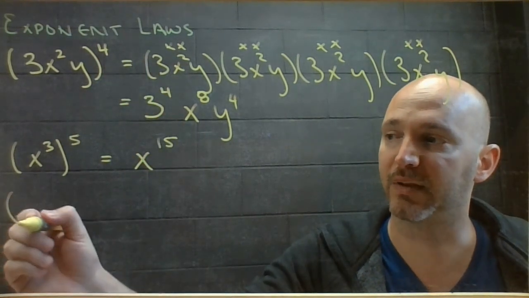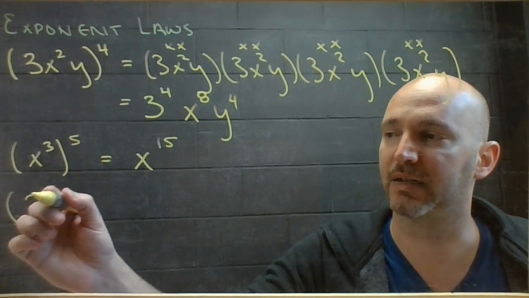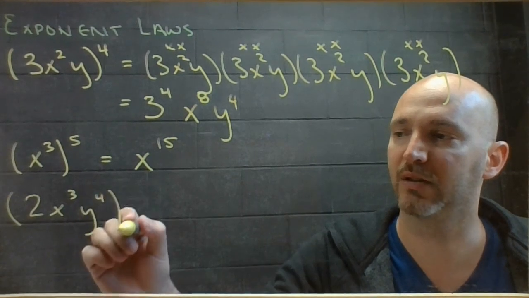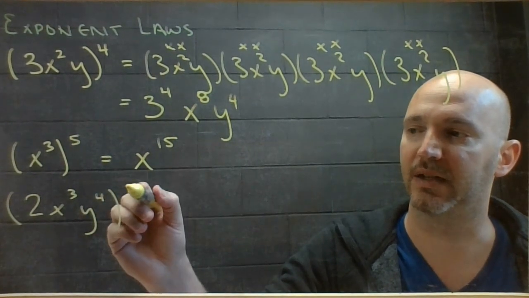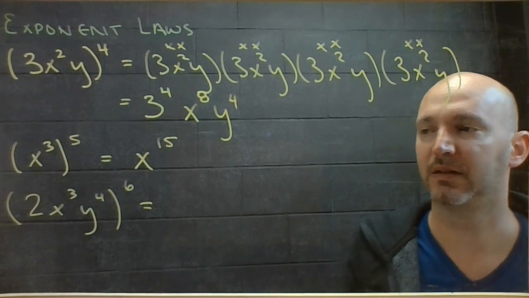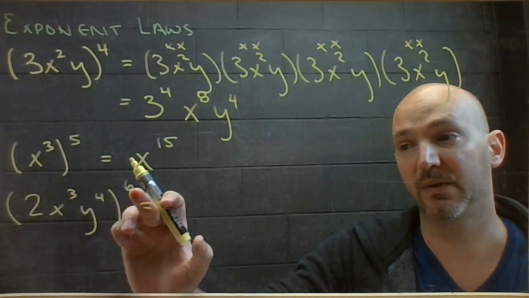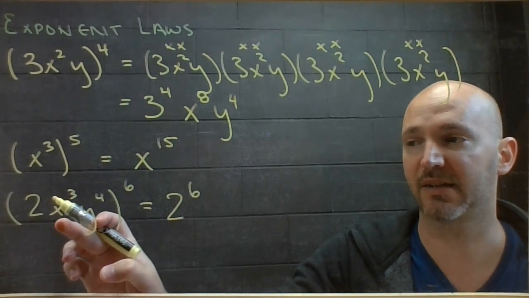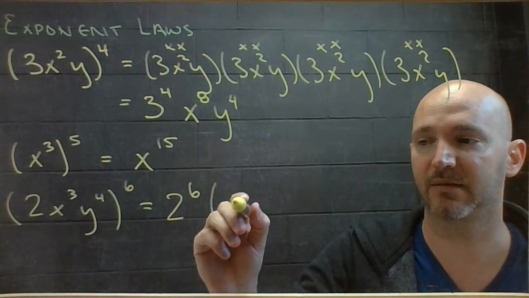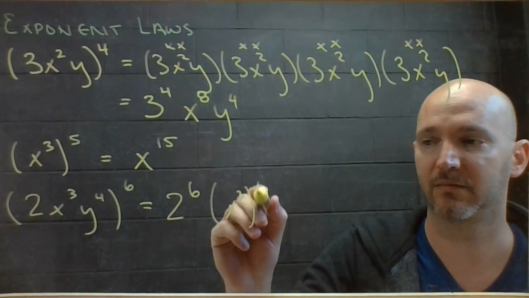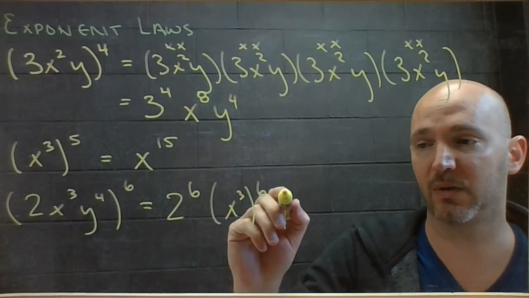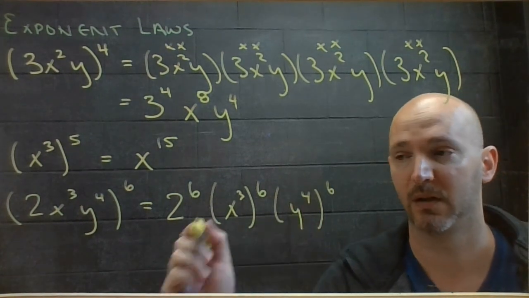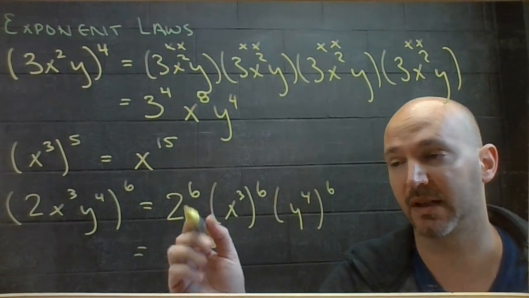So if you have one that's a little more complicated, like 2x cubed y to the power 4 to the exponent 6, well, the 2 gets an exponent 6. The x cubed gets an exponent 6. The y to the power 4 gets an exponent 6. 2 to the power 6 is 64.